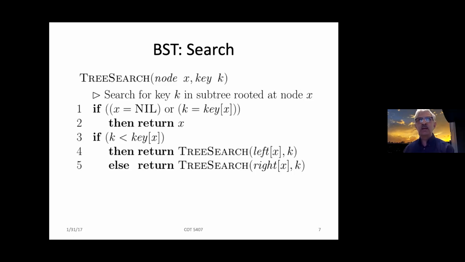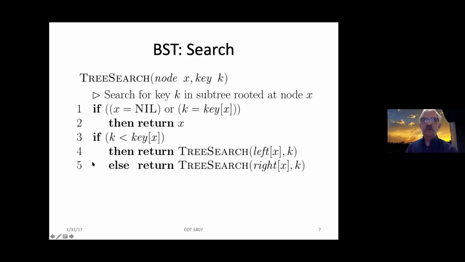One of these two will happen. Either way, you're going to return a pointer. It'll be either a pointer to the node where the value is, or it'll be a nil pointer because the node does not exist. So this is a stopping condition for this recursive function.